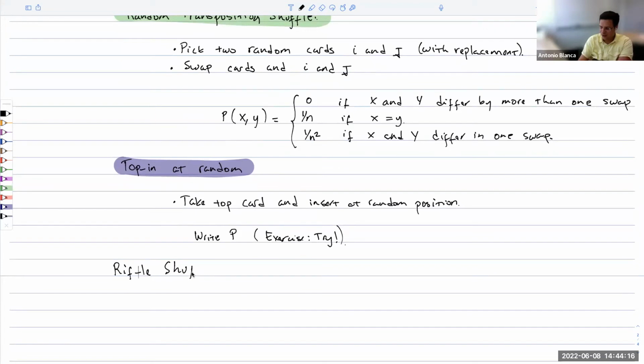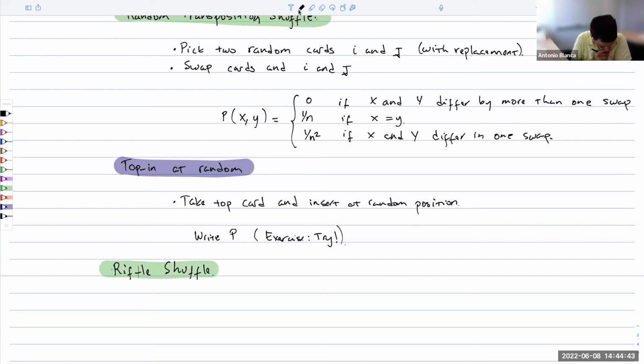This is called the riffle shuffle, and this is what you use and what the casinos also use. You try to cut the deck in half, and then you mix it, dropping cards from the left hand and the right hand, and you hope that this process randomizes the deck. Of course, the casinos use it, so this has been very well studied.